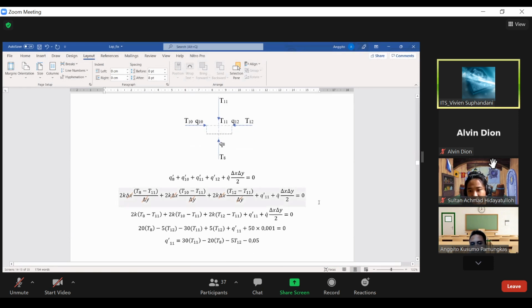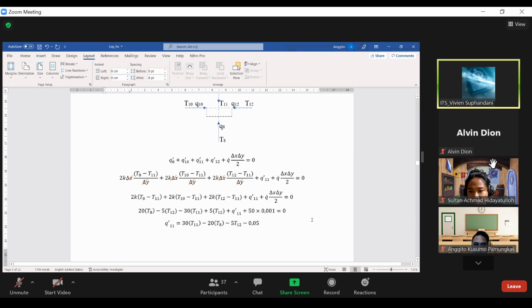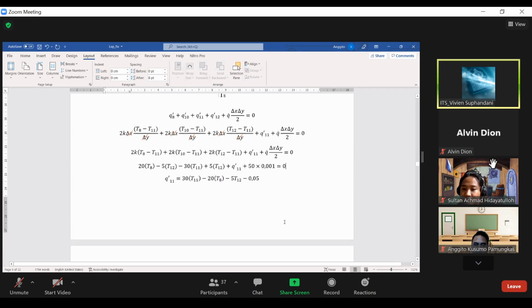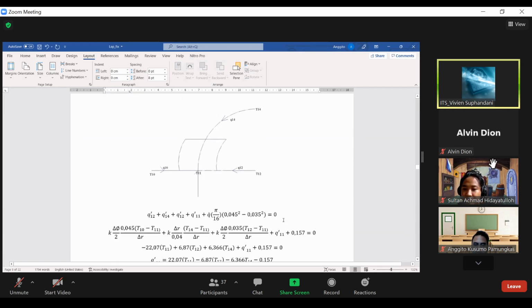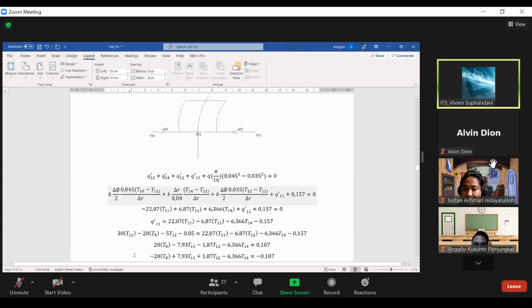All right, here you have the heat flux. So you are calculating based on the heat flux.